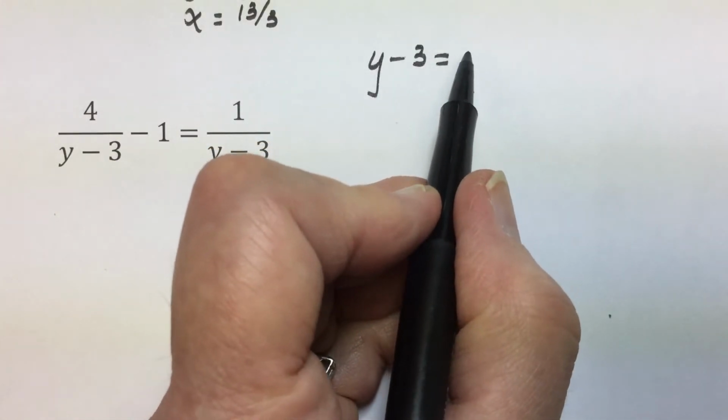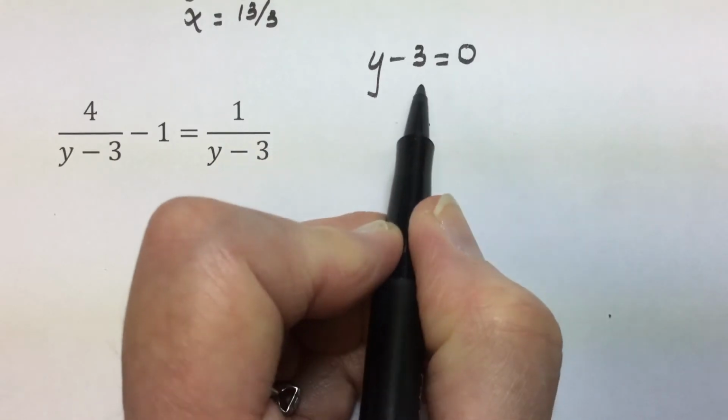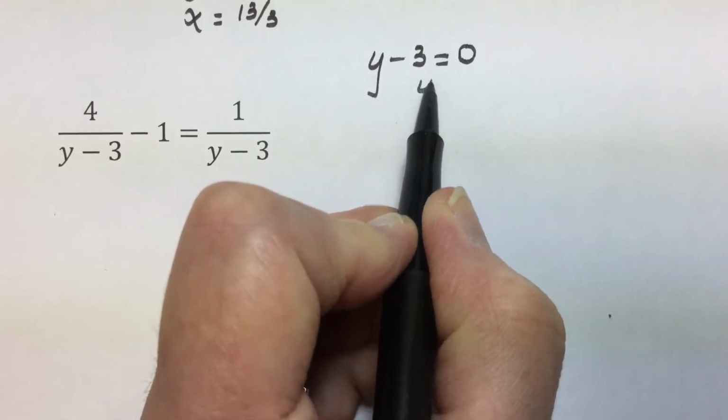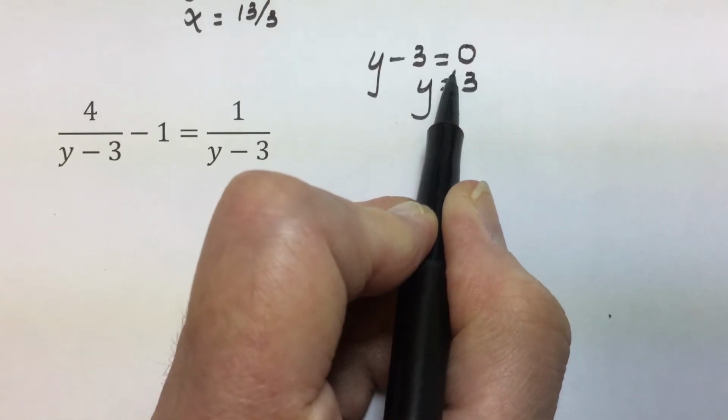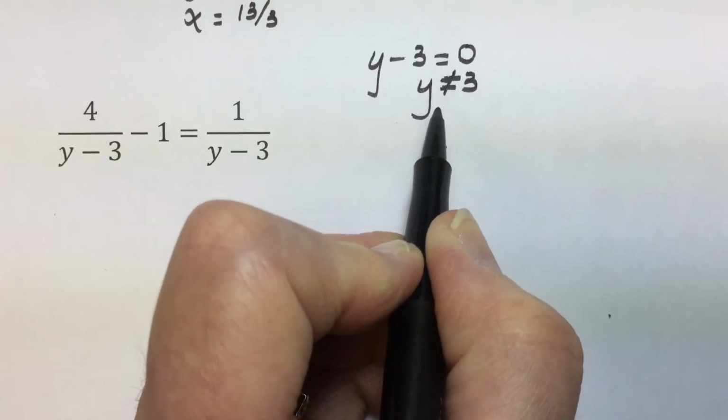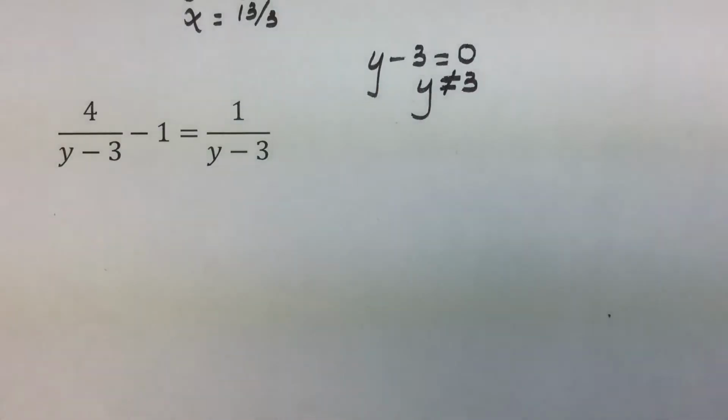We do not want y minus 3 to equal 0, and if we add 3 to both sides, we end up with y is equal to 3. Because this is on the restriction list for values of y, I'm going to write it as y cannot be 3. We have to keep that in mind then when we get our solution to make sure a solution is not that value, which we would have to reject.